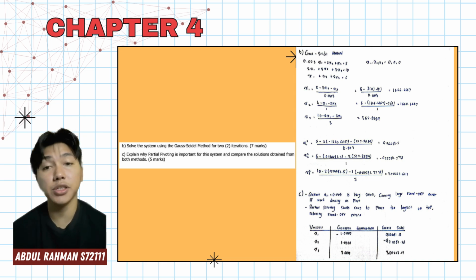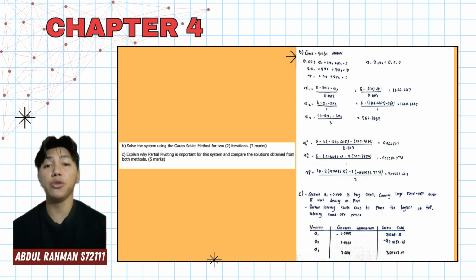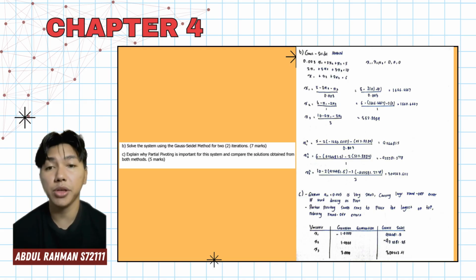Okay, lastly, question C, importance of partial pivoting and comparison. Partial pivoting is very important because the coefficient 0.003 in the first equation is extremely small. Without pivoting, this can cause large round-off error and numerical instability.